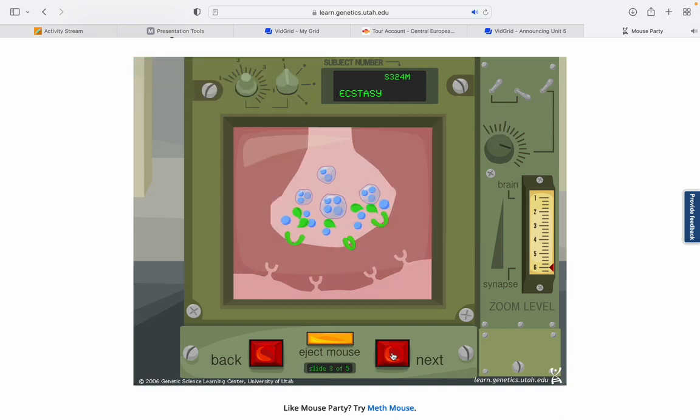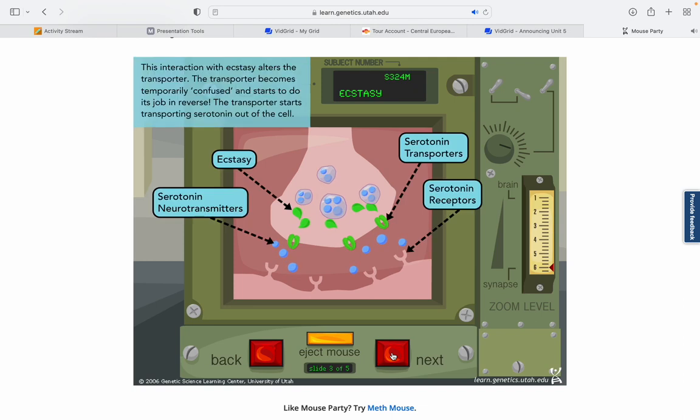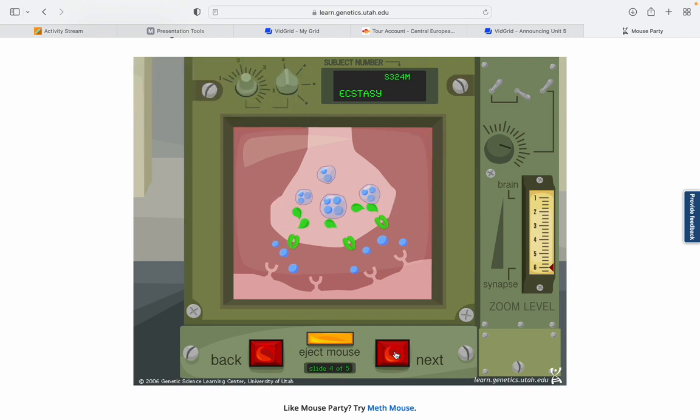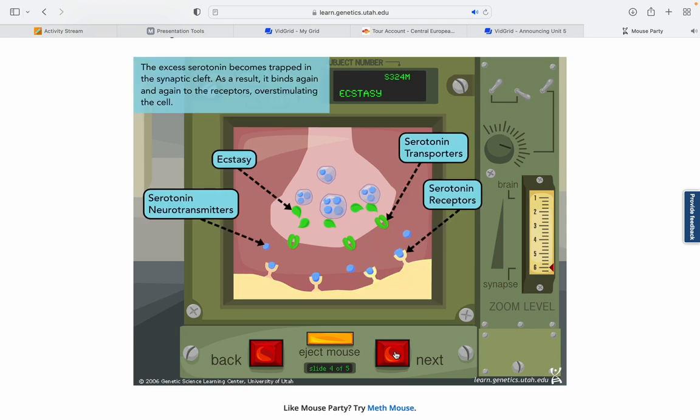This interaction with ecstasy alters the transporter. The transporter becomes temporarily confused and starts to do its job in reverse. The transporter starts transporting serotonin out of the cell. The excess serotonin becomes trapped in the synaptic cleft. As a result, it binds again and again to the receptors, overstimulating the cell.